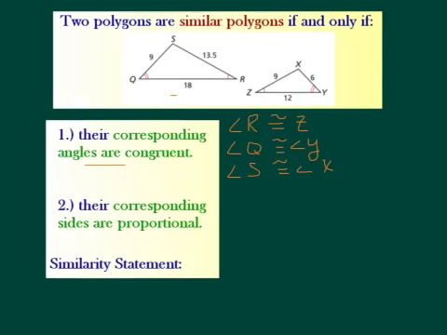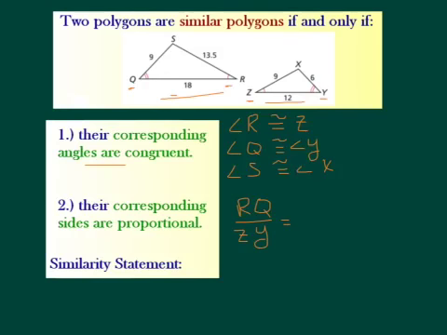How we know which sides are corresponding is they're the sides that are in between the corresponding angles. So we know that angle R and angle Z are corresponding, and angle Q and angle Y are corresponding. So that means side RQ is corresponding to side ZY. So what I'm going to do is write a ratio, and we'll see why in a second. Side RQ to side ZY.